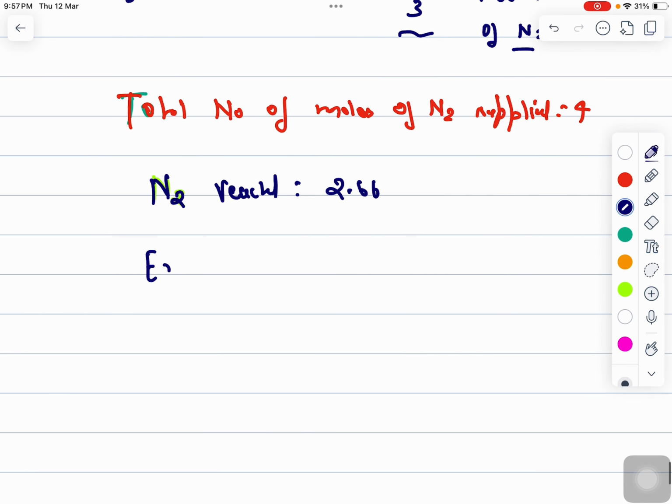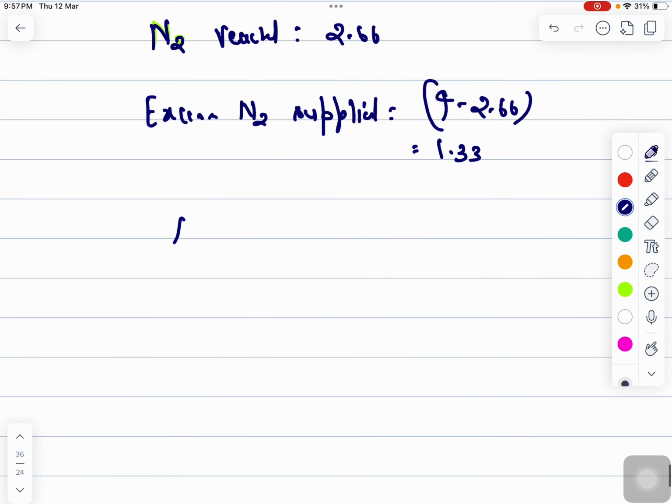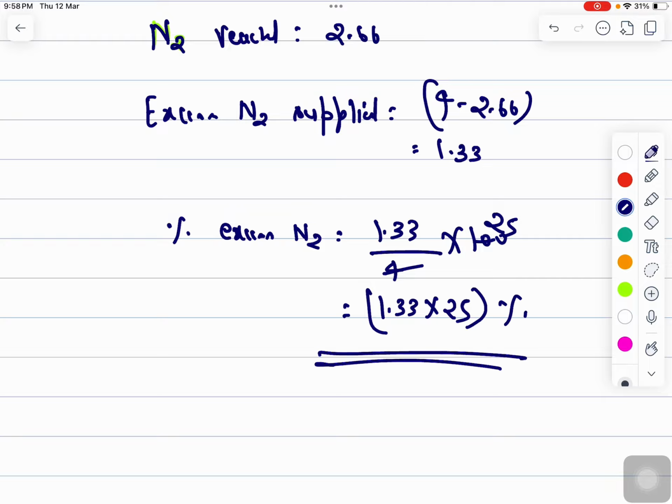So the excess nitrogen supplied is 4 minus 2.66, which is 1.33. So the percentage excess nitrogen is 1.33 divided by the initial number of moles, times 100, so 25%. That much percentage excess of nitrogen is supplied during the reaction.